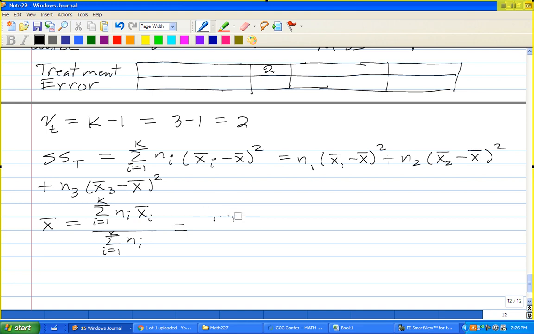This is actually from chapter 2, we did this. N1, N2, N3. It'll be easy to calculate it this way. So let's get each of these.